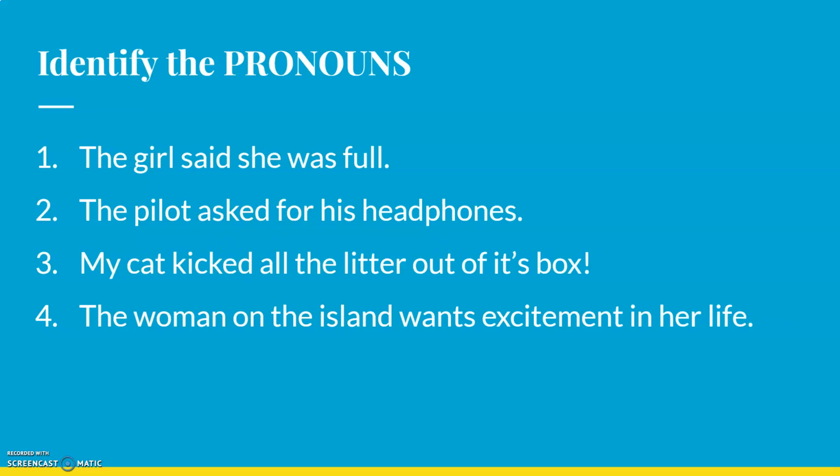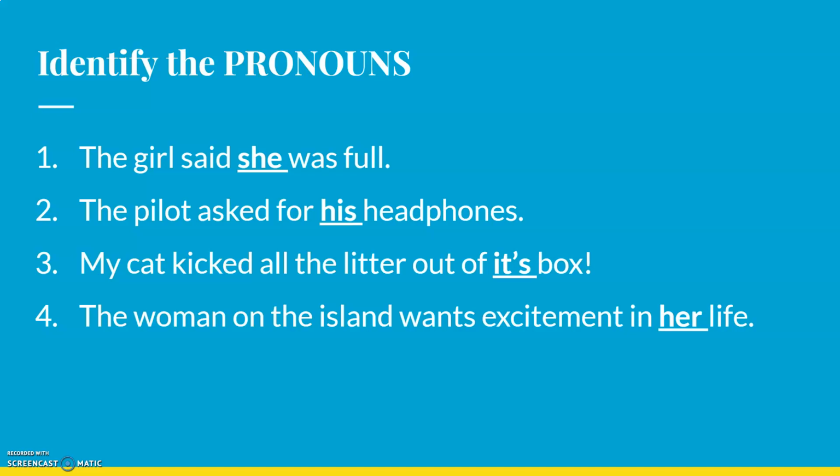Now, identify the pronouns. The girl said she was full. The pilot asked for his headphones. My cat kicked all the litter out of its box, and the woman on the island wants excitement in her life. If you said she, his, its, and her, you're correct.